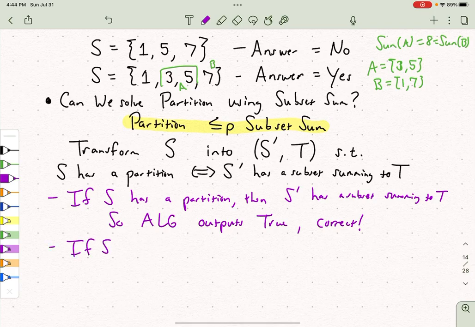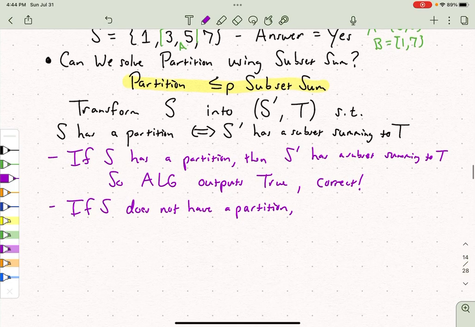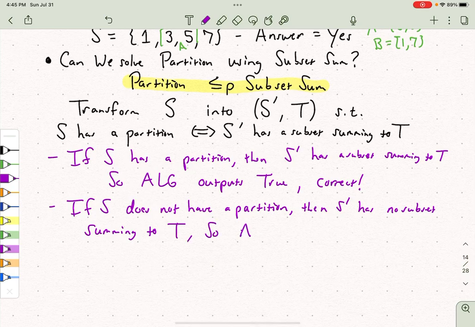On the other hand, if S does not have a partition, then our answer should be no. Well, then by the if and only if, using the contrapositive of the converse statement, we have S prime has no subset summing to t. And so the reduction algorithm outputs false, and that's correct.